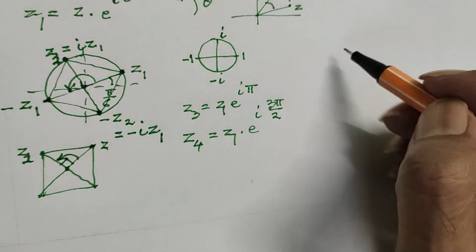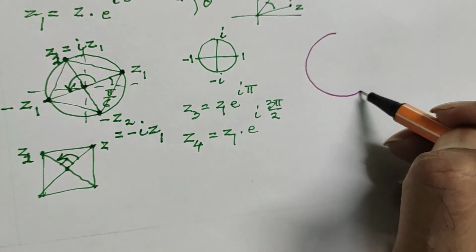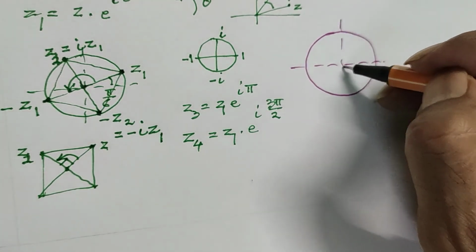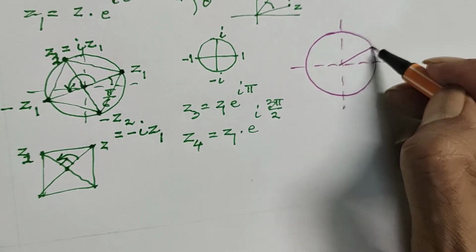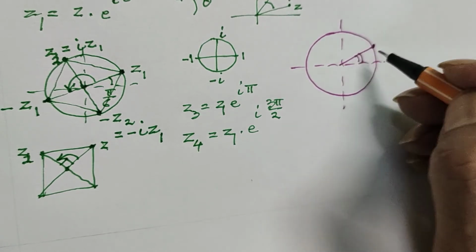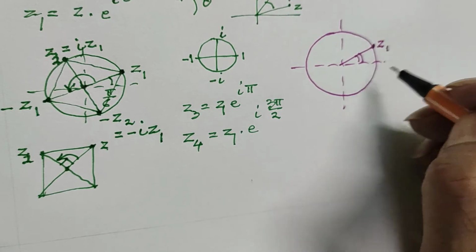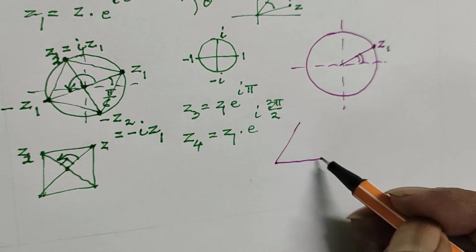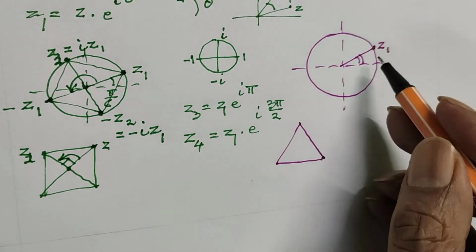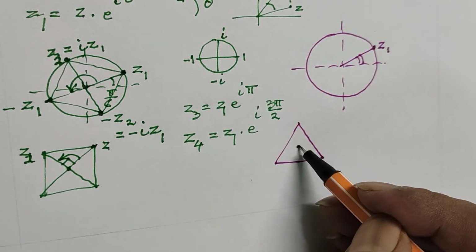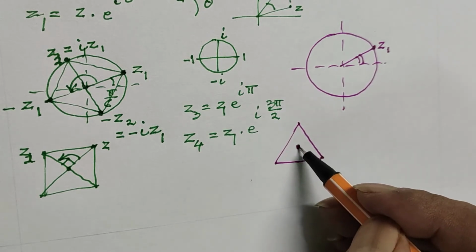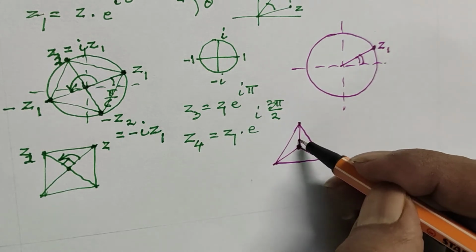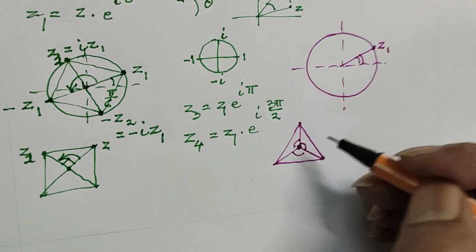Let's see how we will get an equilateral triangle if we know one of the vertices. So if one of the vertices is known, let's say again we draw pi by 6 and we have z1. How do we find the other two? Again let's go back to the property of an equilateral triangle. If the center or circumcenter is here, then this will divide 2 pi into 3 parts, so 2 pi by 3.